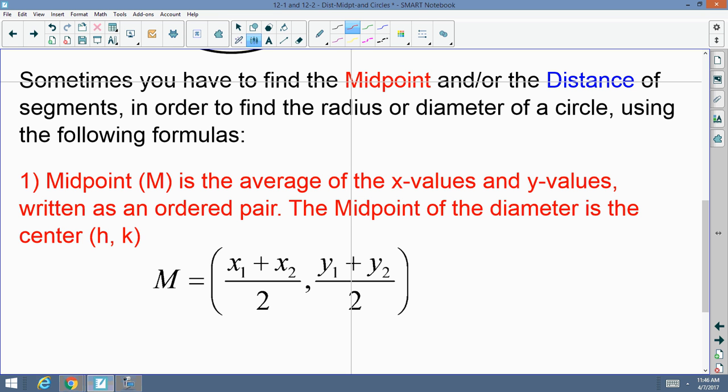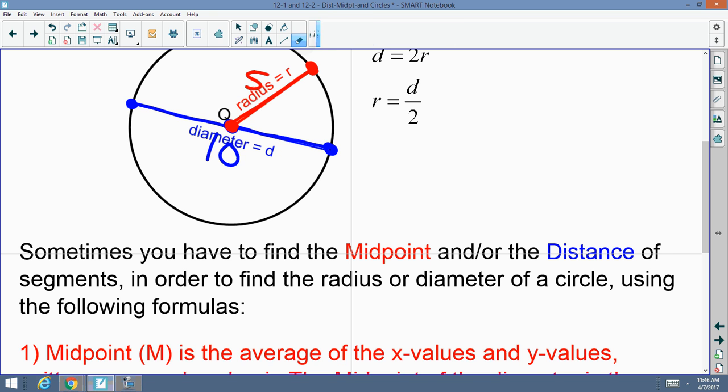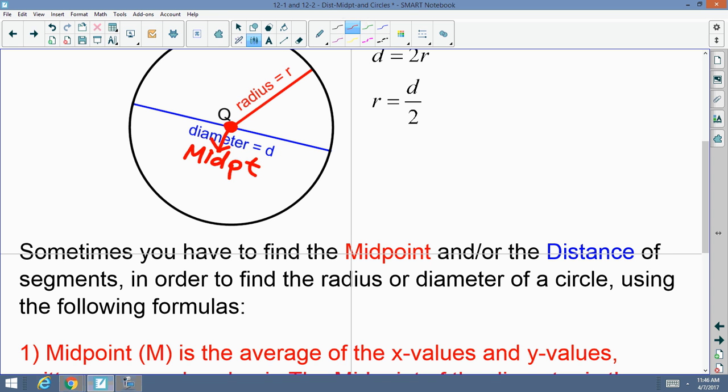The midpoint of the diameter is the center. Let's think about that statement that I just made. If I give you a circle and I want to find the center of that circle, well, guess what? The center is the midpoint of the diameter. So the midpoint of the diameter equals the center. So it's very important to know midpoint because that's how you find your center.